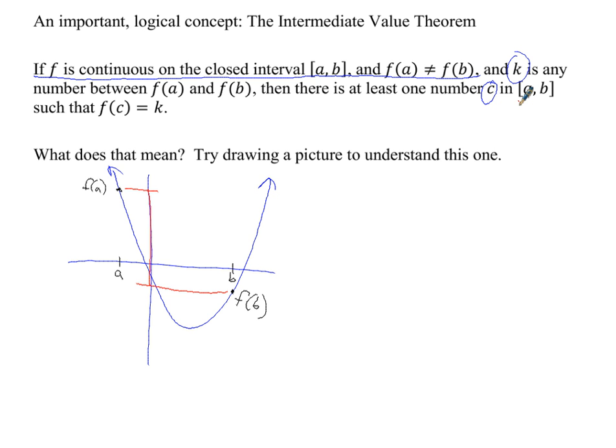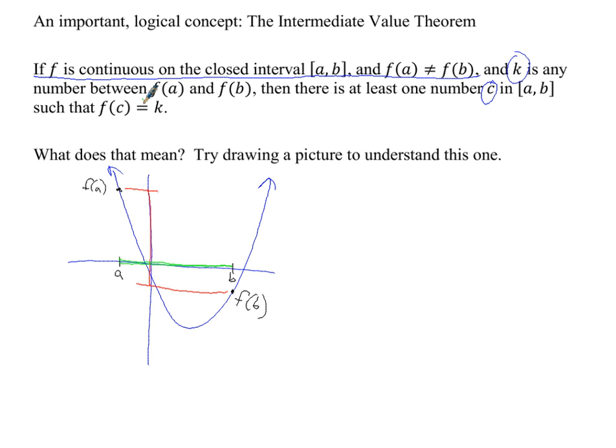So the interval from a to b, let me pick a different color, how about green? The interval from a to b is here. So I'm picking some number in this interval right here. And this says there's at least one number c in the interval from a to b such that the function at c is equal to k.